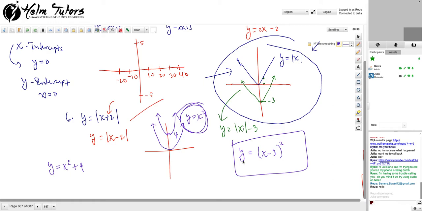What kind of a shift is exemplified by this here? Compared to the parent parabola, which is right here, I'll highlight it in green. Compared to this, which is just y equals x squared, what have I done in this one? y equals x minus 3 in parentheses squared.